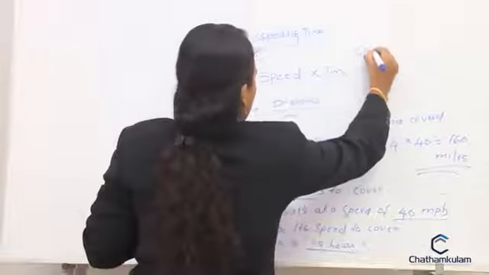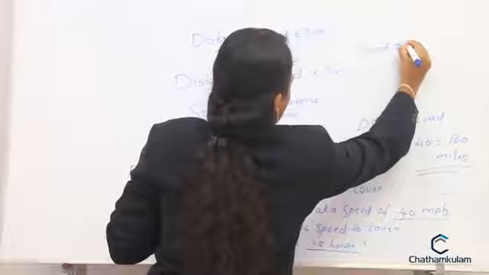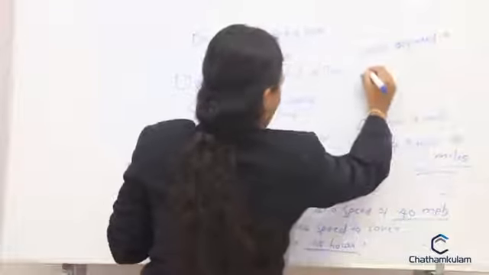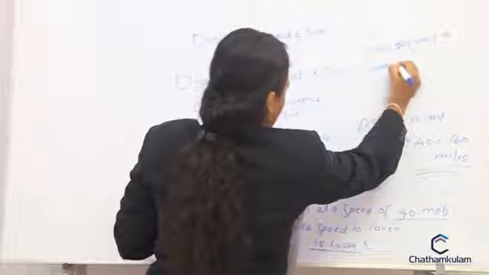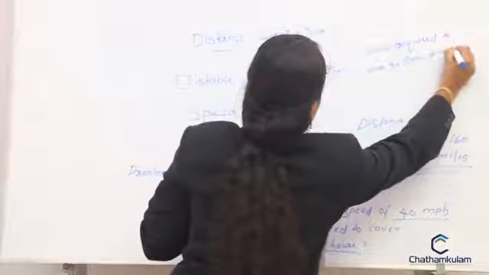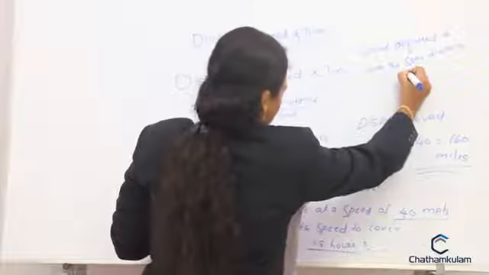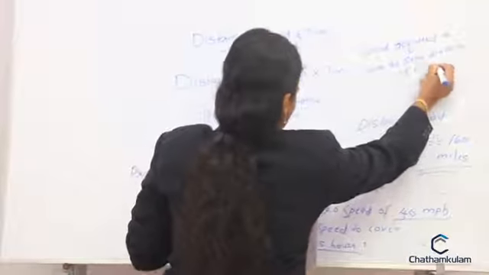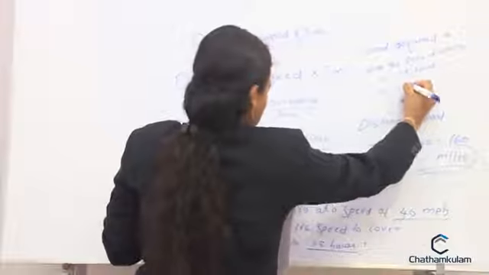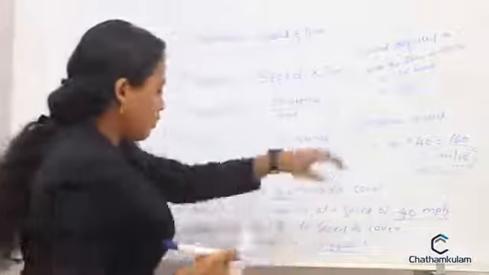Now, the speed required to cover the same distance in 1.5 hours. Here we already have the 160 miles, so 160 divided by 1.5, where 1.5 hours is already mentioned.